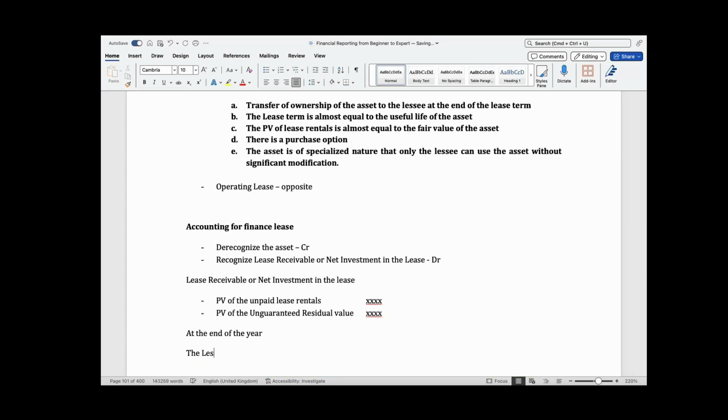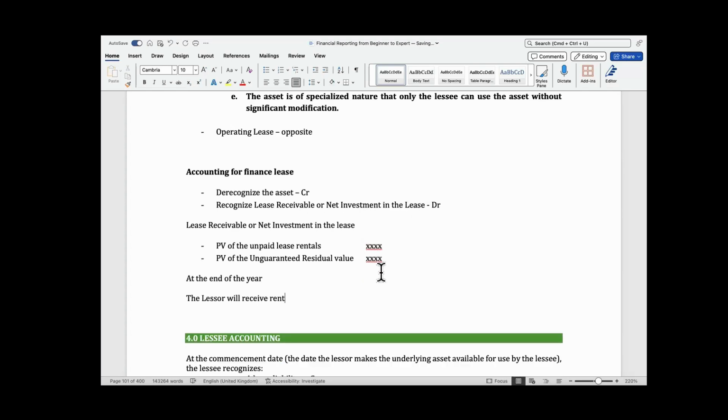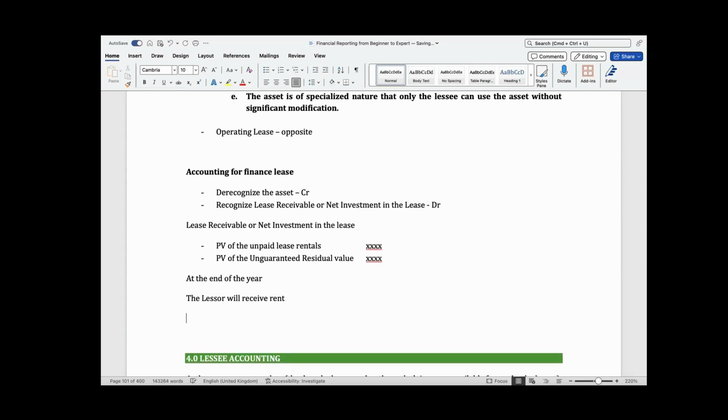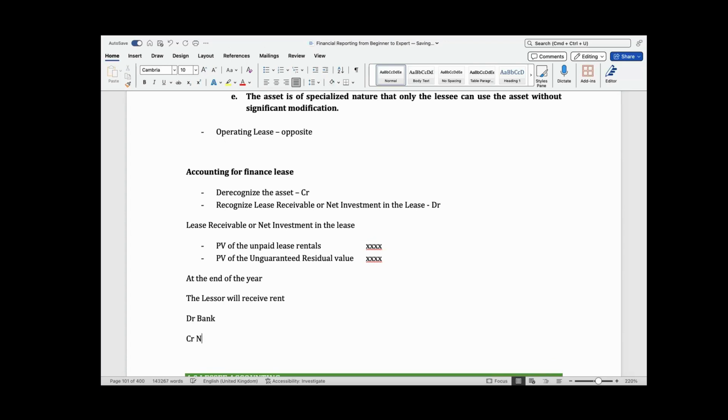So at the end of the year, the lessor will receive rent. This rent he receives, he will simply debit bank and credit the lease receivable.